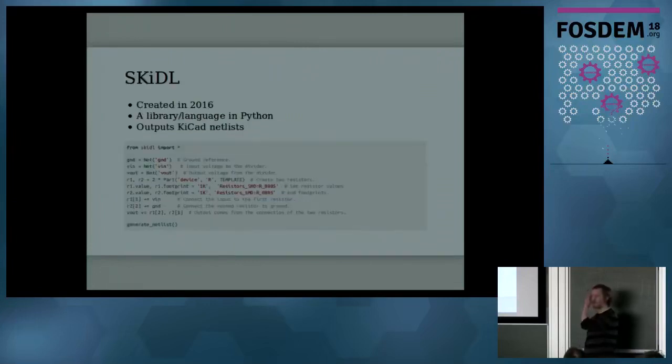The next one I came across is SKiDL, and this was created in 2016, and it's a library and language in Python, really. So this is Python. What might confuse you a bit if you're used to Python is that there's some operator overloading going on there, and the plus equals has been overloaded to make connections. There's kind of an implicit circuit in the background that's being built up. Then if you use the generate netlist command, it will produce a CAD netlist.